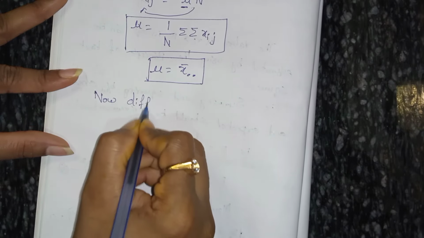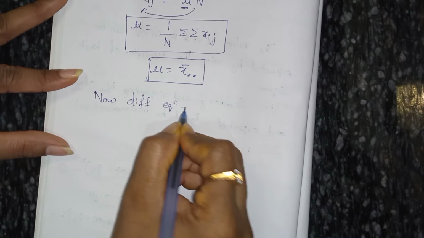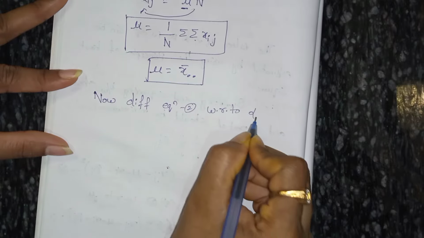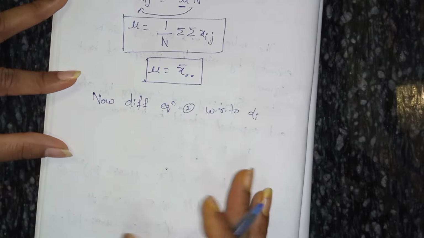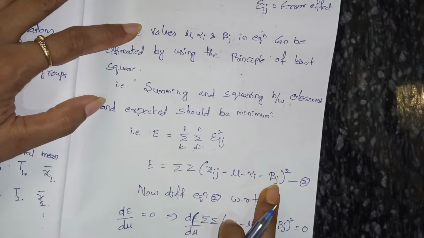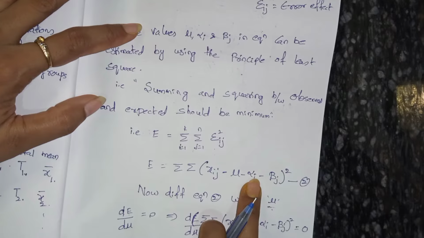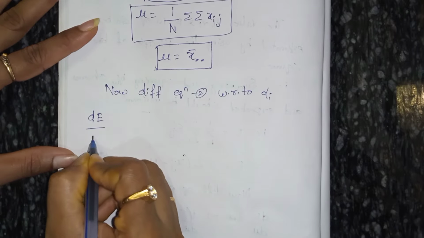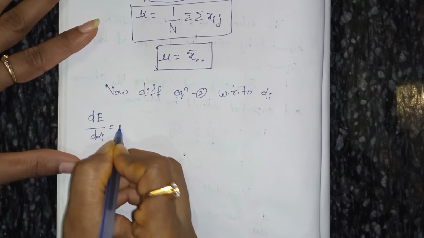Now differentiate equation 2 with respect to alpha i. What is equation 2? This is equation 2, and we are going to differentiate it with respect to alpha i. That means dE by d alpha i equals 0.